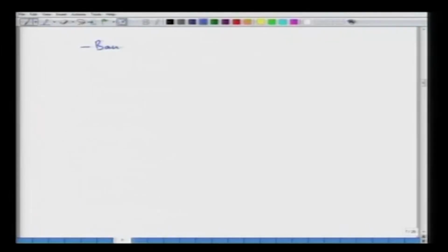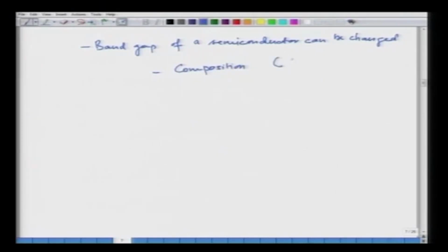So far what we have discussed is that we can change the band gap of the material. The band gap of a semiconductor can be changed using different means. Via changing its composition, and 3-5 semiconductors provide the entire composition range for this.